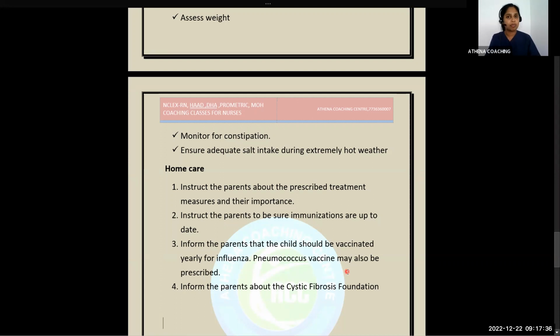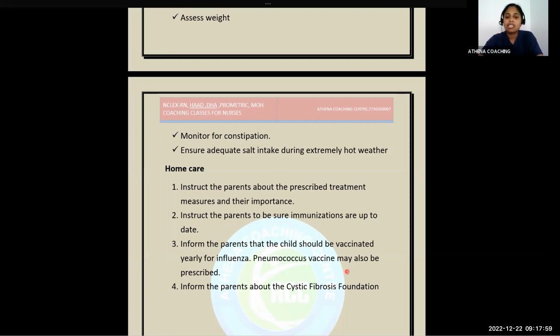Pneumococcal vaccine may also be prescribed. These are the vaccines usually given to prevent respiratory infection. There are other vaccines too, for example DPT vaccine, BCG vaccine, and mumps and measles. All those vaccines also help prevent infection.